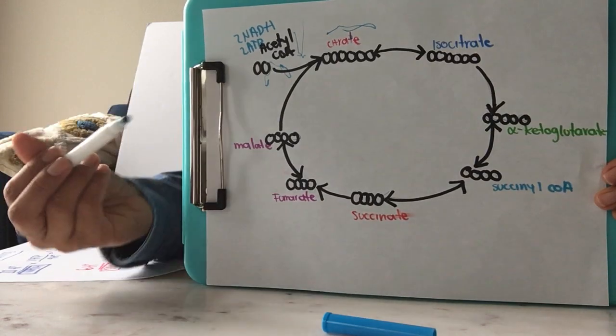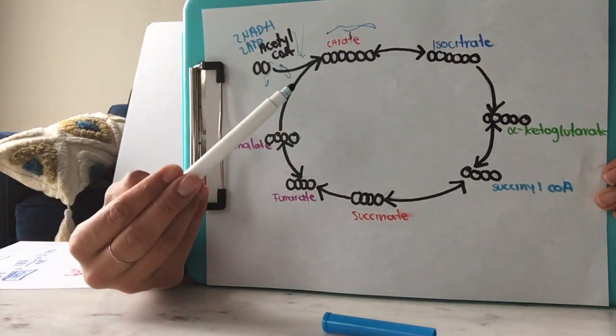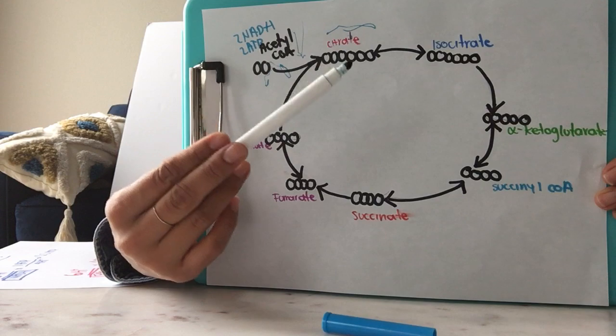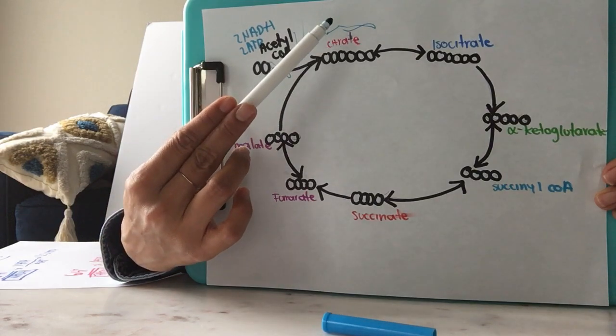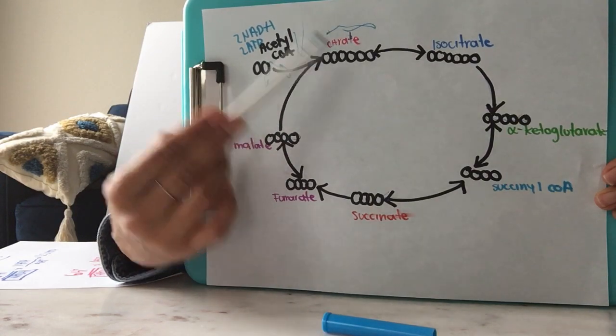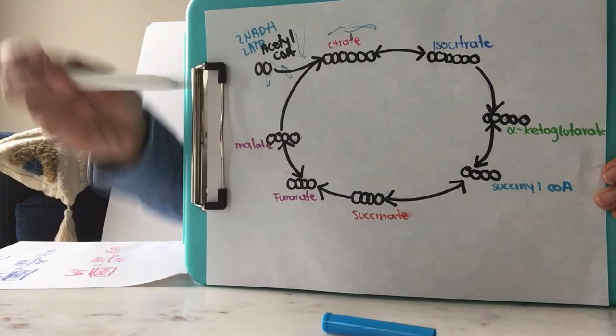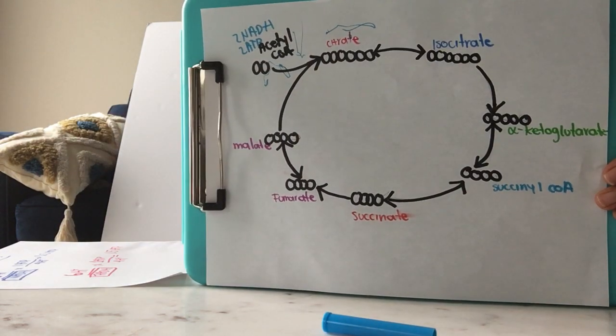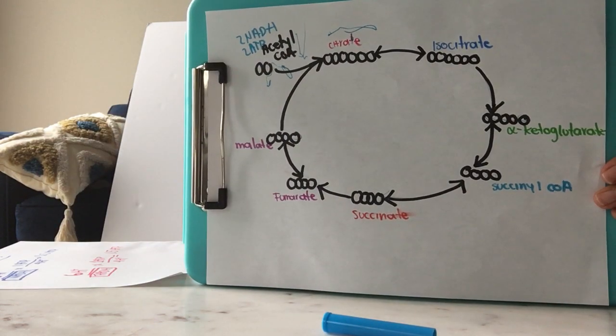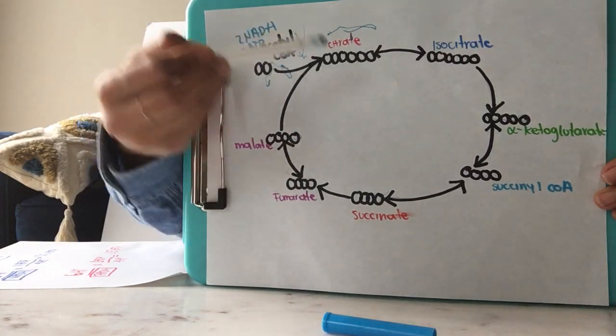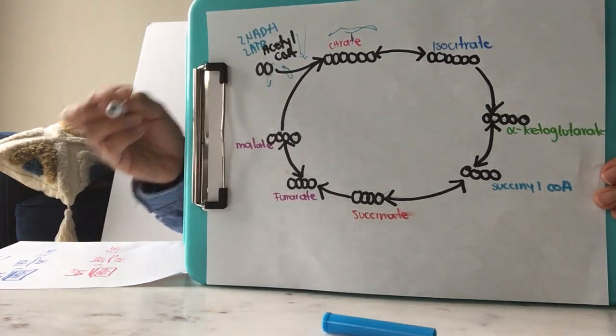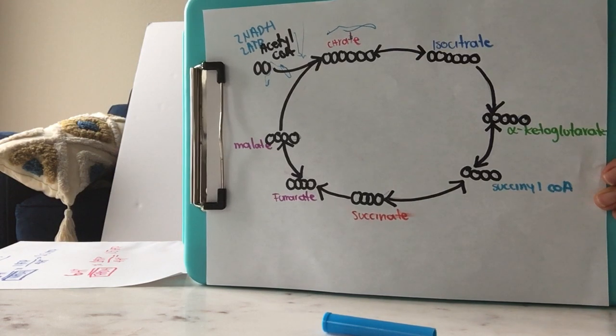However, too much ADP is going to stimulate the citrate synthetase to produce more citrate. So we know that those enzymes regulate. This is a very regulated step right here, very watched for.